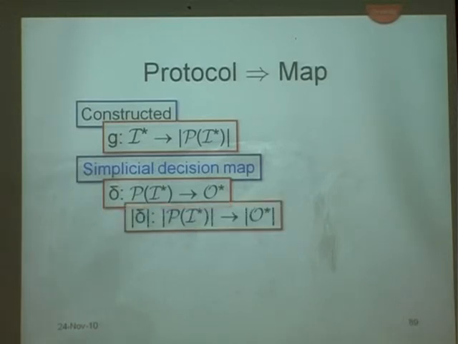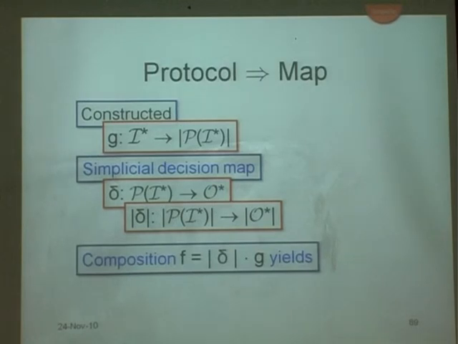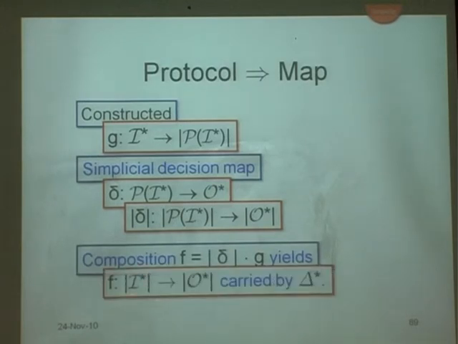And we can turn that into a continuous map using the tricks with the barycentric coordinates. And then when we compose these things, we get the map that we're looking for. So given the protocol, we've defined a map.